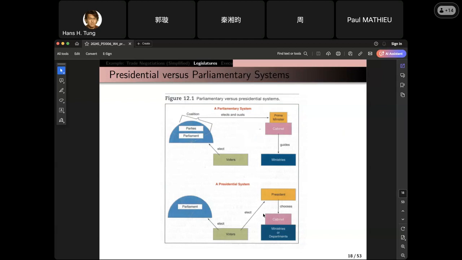In the presidential system, voters give legitimacy to two separate institutions. One thing, before we take the break, that I'd like to ask you to think about for the next hour is this: of course, you have fusion of power in the parliamentary system, and separation of powers in the presidential system.